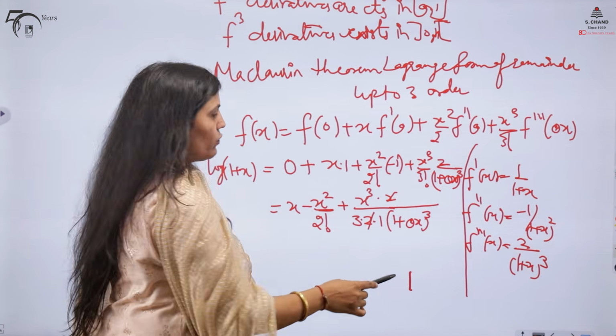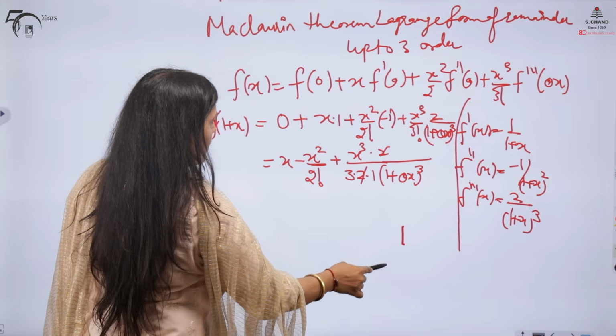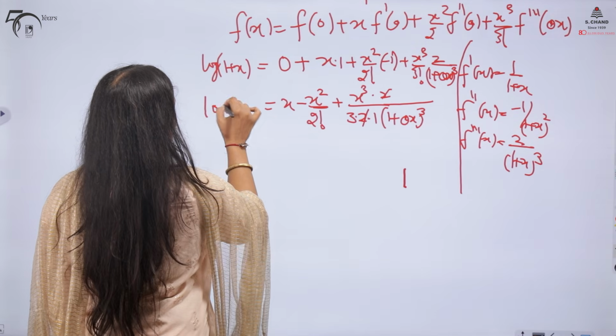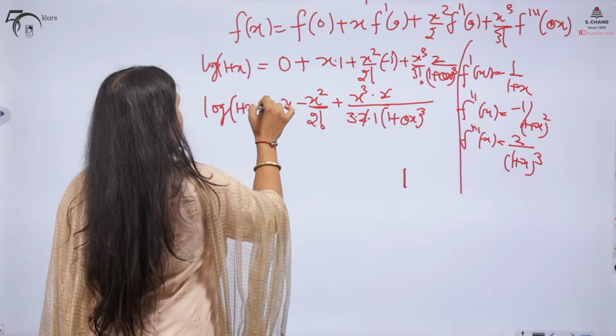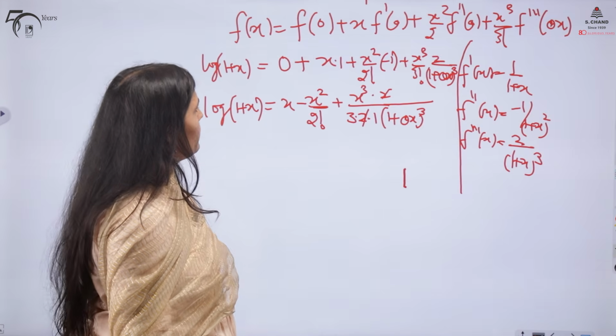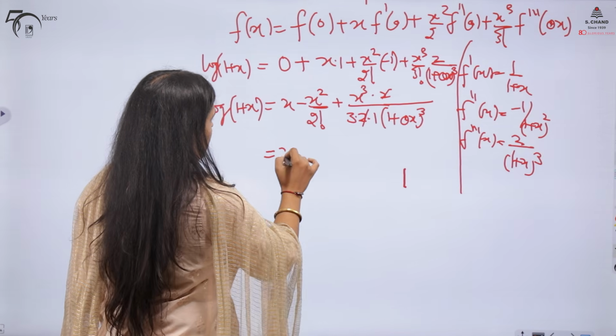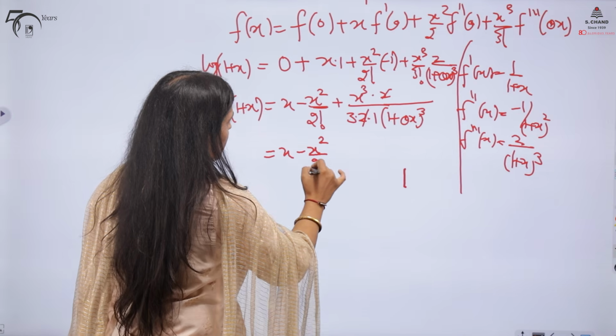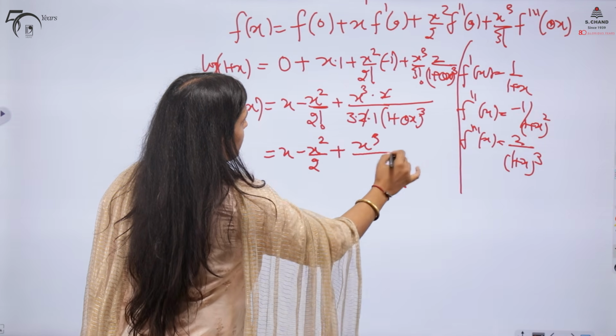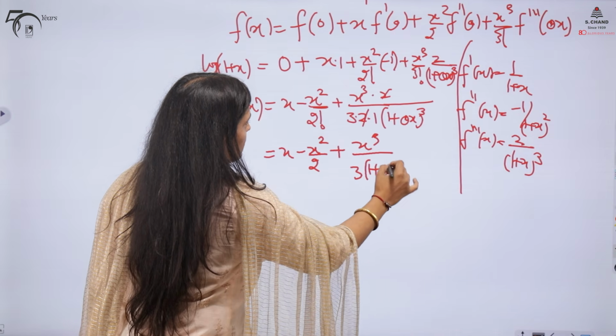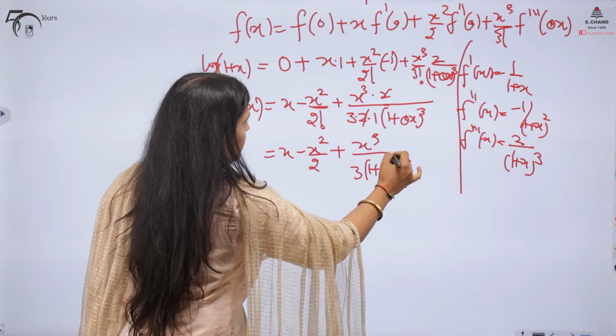So, finally we got log of 1 plus x as x minus x square by 2 factorial, and 2 factorial is 2 only, so we can write it this way also: x minus x square upon 2 plus x cube upon 3 into 1 plus theta x whole cube.